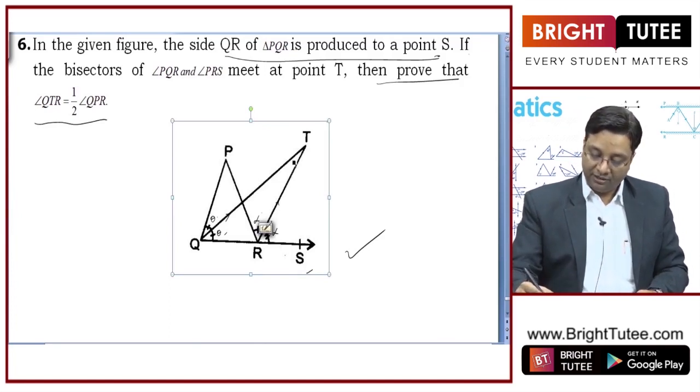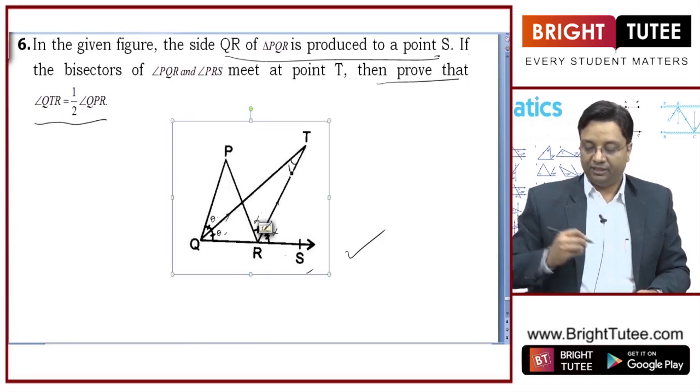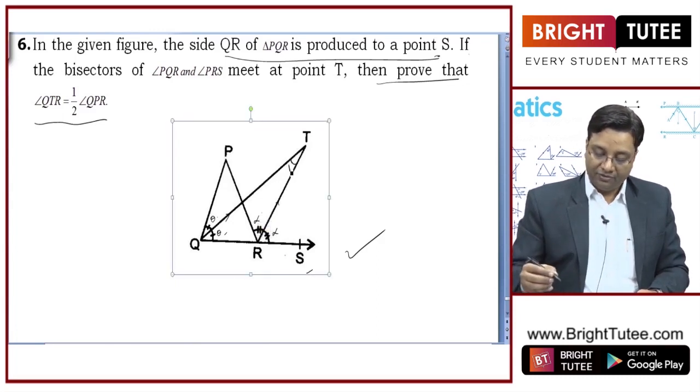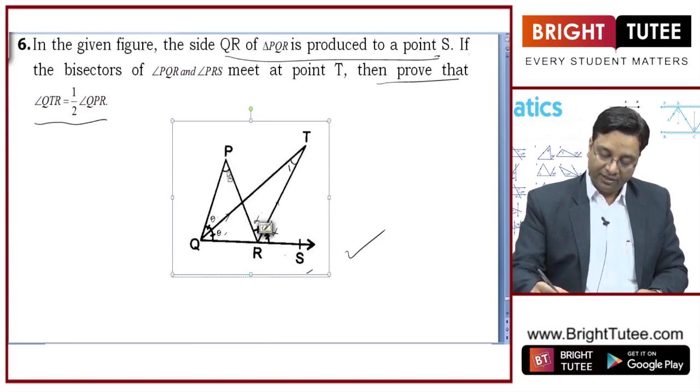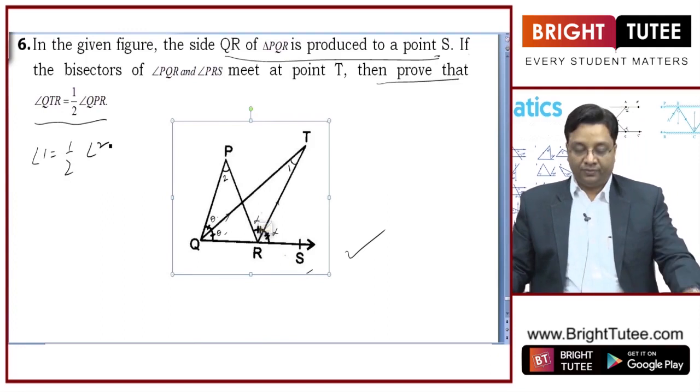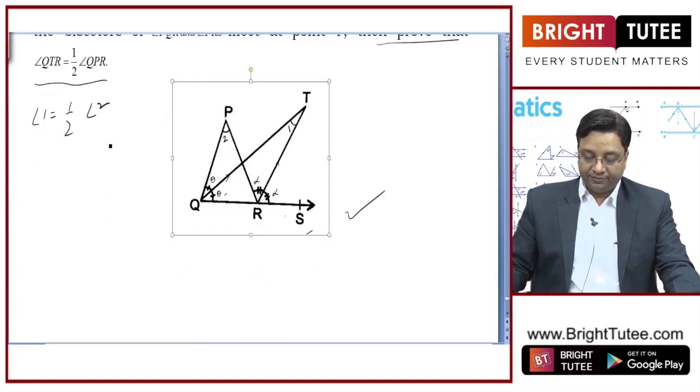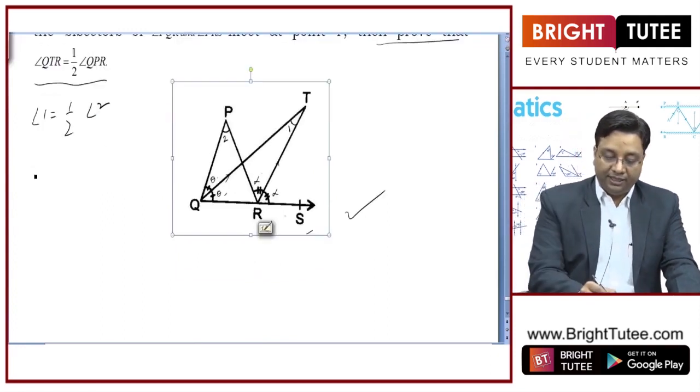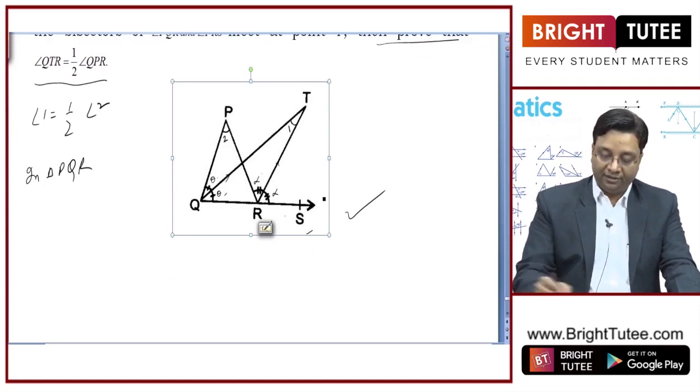What is angle QTR? This is the angle QTR. Let us say this is angle 1, and which angle is angle QPR? This is angle QPR. Let's say this is angle 2. So I need to prove angle 1 is half of angle 2. Now, in triangle PQR, angle PRS is the exterior angle.